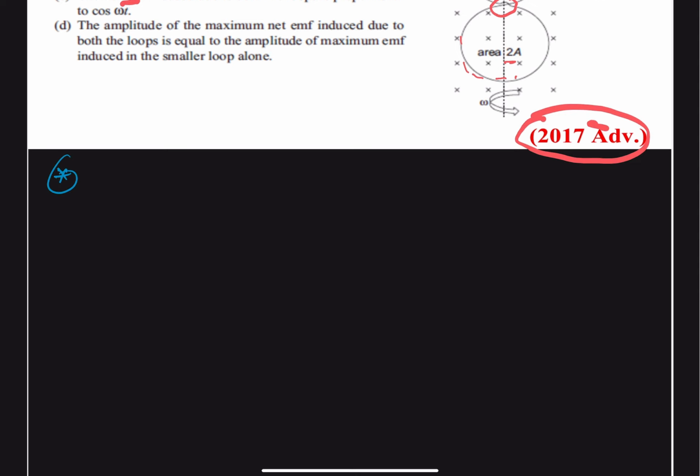So you can say magnetic flux through each loop.